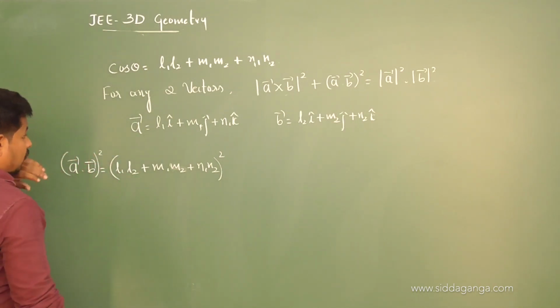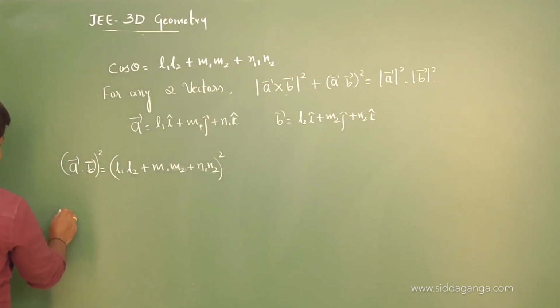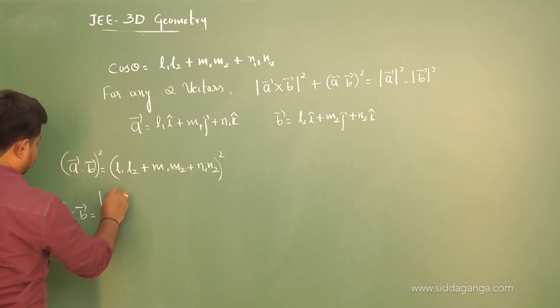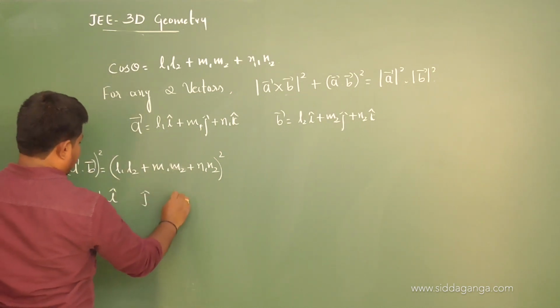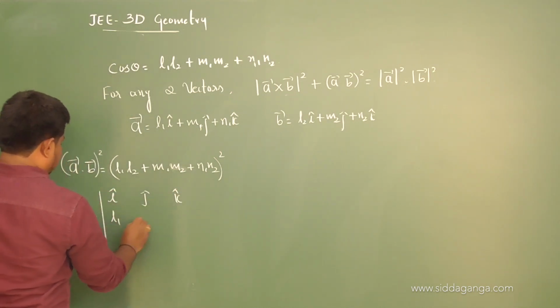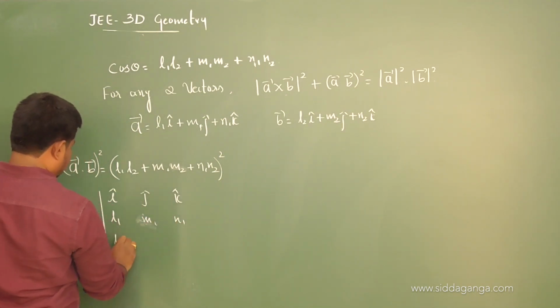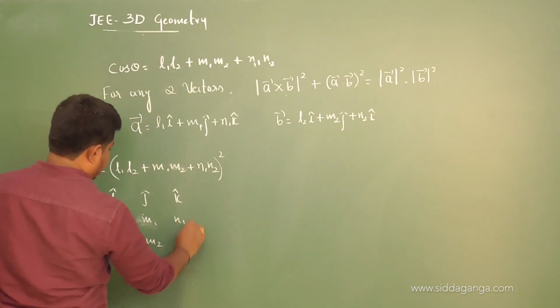Now let's find A cross B. A cross B is equal to the determinant with i, j, k; L1, M1, N1; L2, M2, N2.